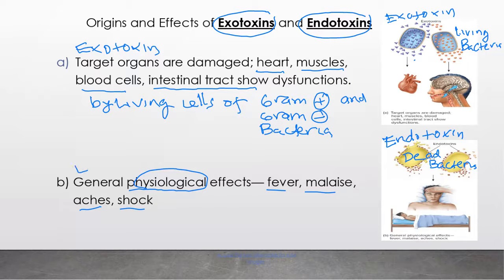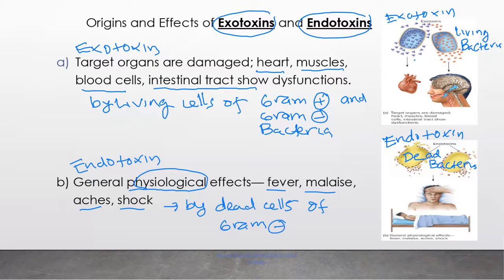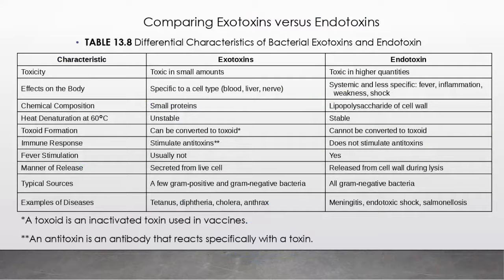Now the endotoxin is produced by dead cells of gram-negative bacteria. Okay, so these are the differences between an exotoxin and endotoxin.